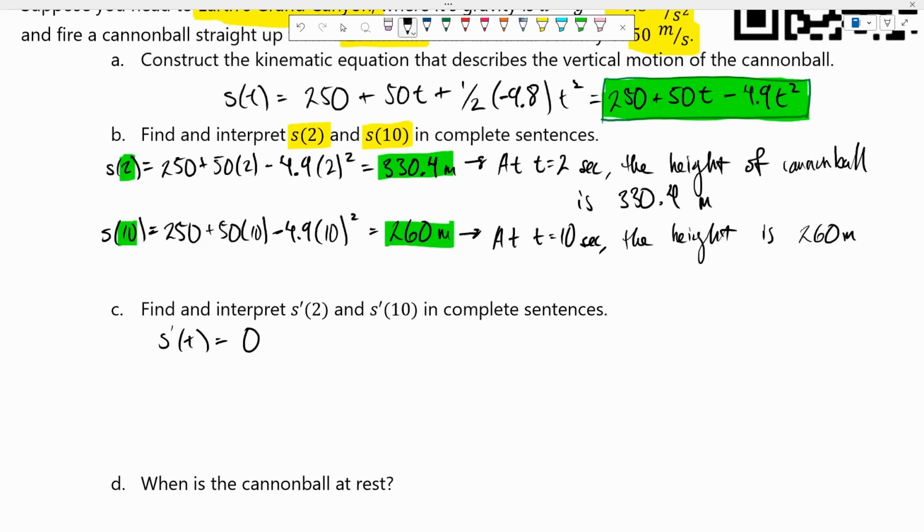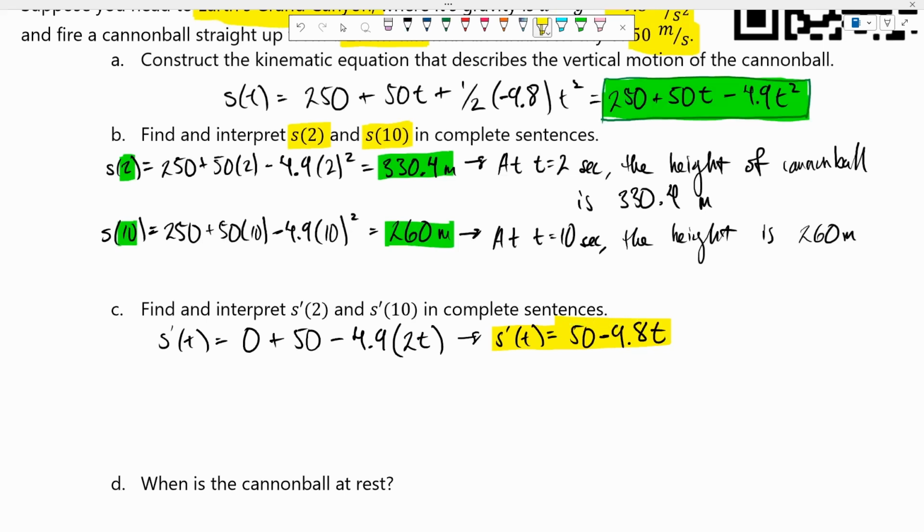So it's going to be 0 plus the derivative of 50t, that's going to be 50, right? Minus 4.9, and the derivative of t squared, that's going to be 2t. Okay, so then we have this now. S prime of t is equal to 50 minus 9.8t.